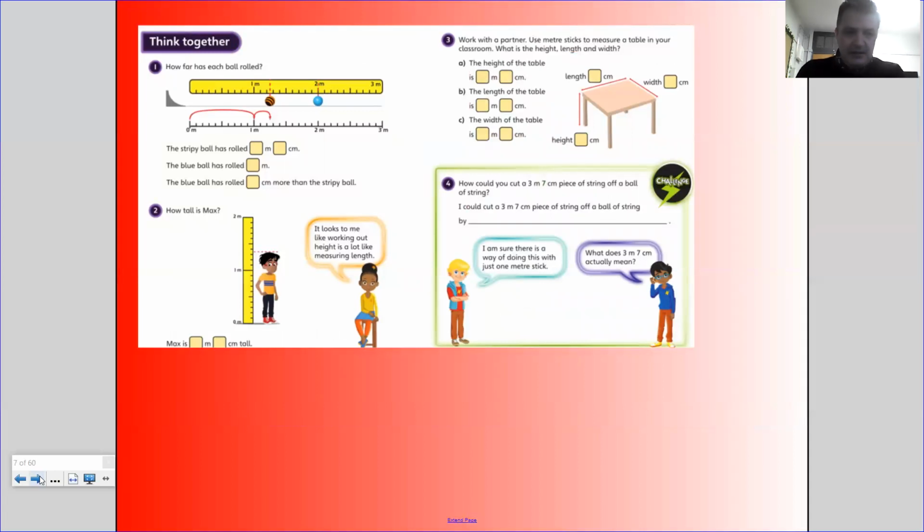Okay, let's have a think together. How far has each ball rolled? Okay, the stripy ball has rolled. Ooh, so they're doing a midpoint. How far do you think? 1 meter 10, 1 meter 20. It's more than 1 meter 20, but less than 1 meter 30.